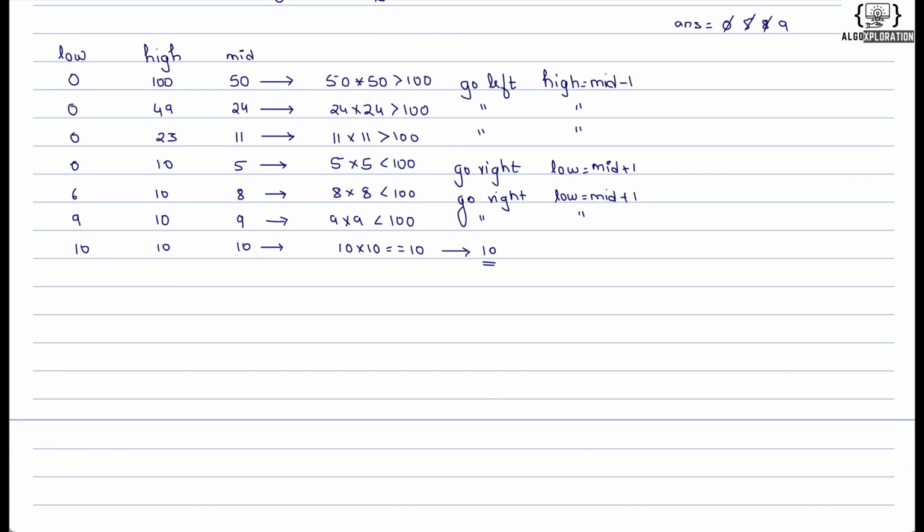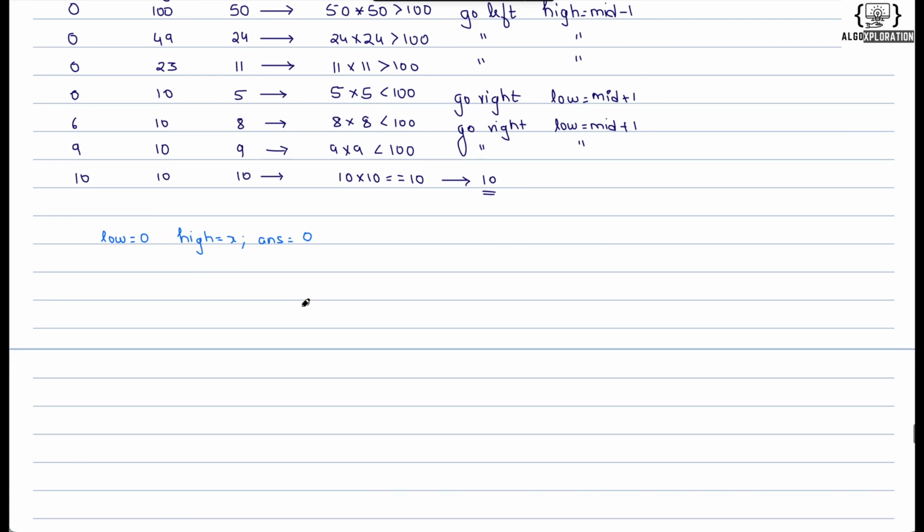So the pseudocode will look like this. Low will be 0, high will be x, answer initially will be 0. Okay, now while low is lesser than equals to high, we need to find the mid.